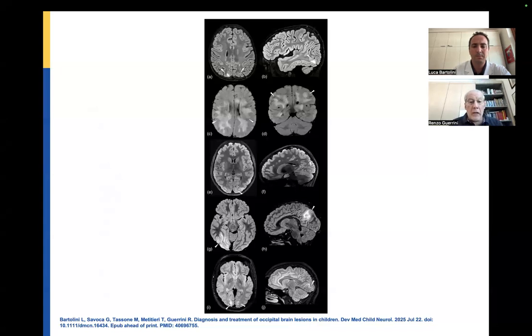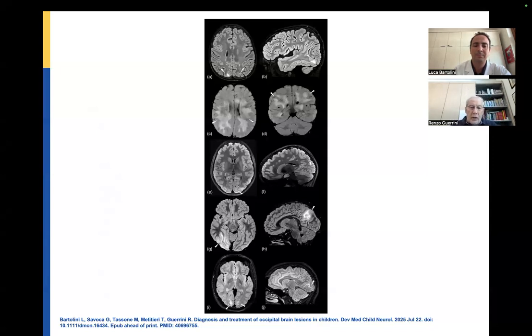On the fourth line, on the G and H, we have a child with a form of Pol-gamma syndrome, which is a severe form of mitochondrial disease, which tends to involve the occipital lobes and cause a severe form of epilepsy related to these brain areas. You can appreciate here that there is a bilateral involvement, which is more severe on the right, on the G figure.